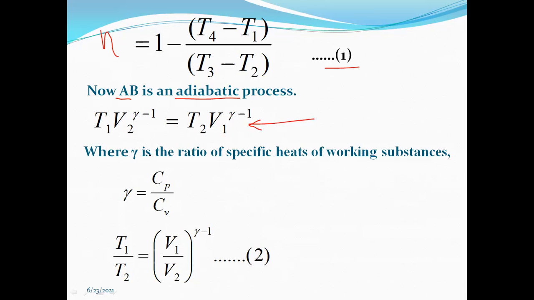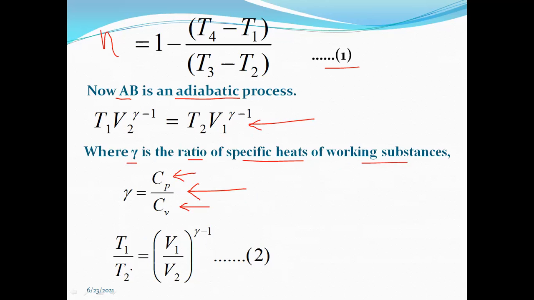Here gamma is the ratio of specific heats of the working substance, gamma equal to Cp divided by Cv, the ratio of specific heat at constant pressure to specific heat at constant volume.